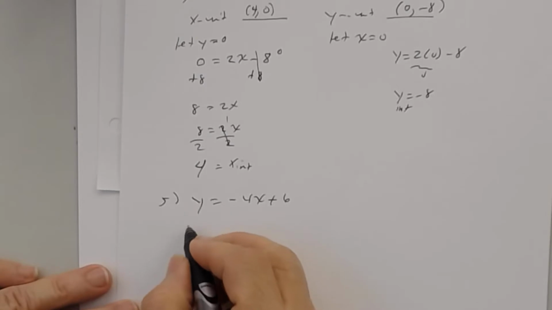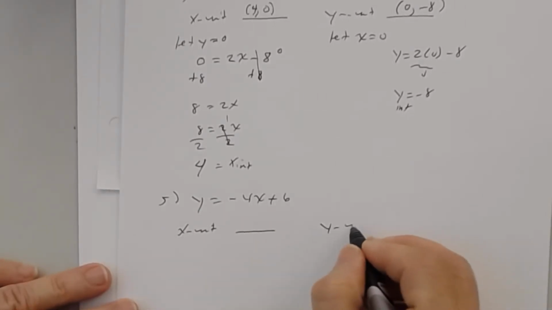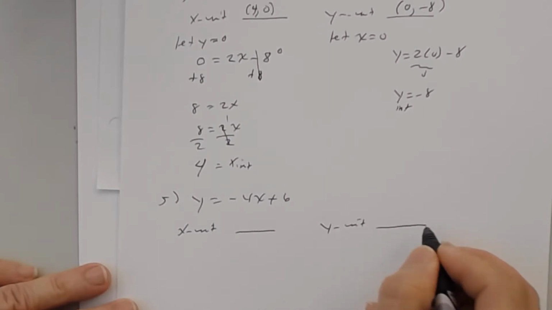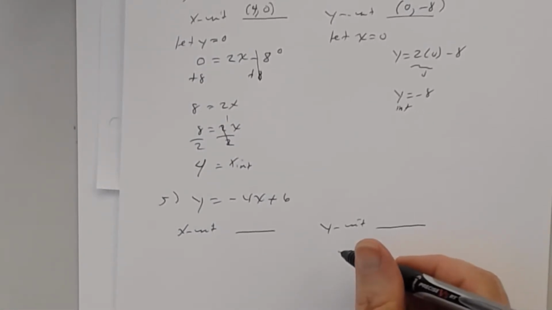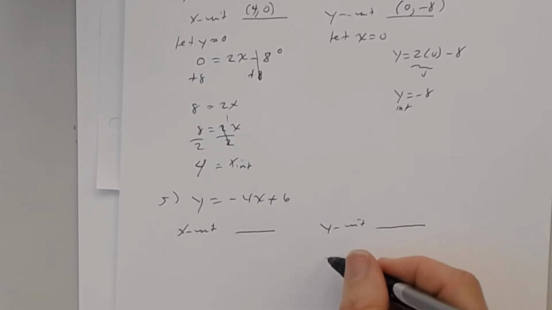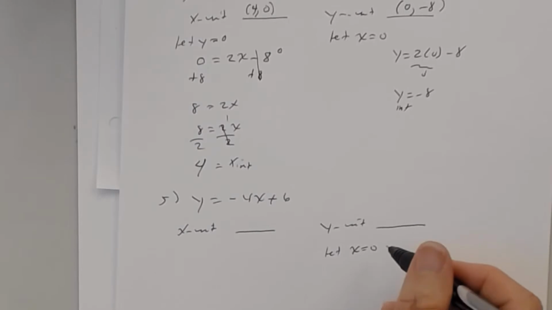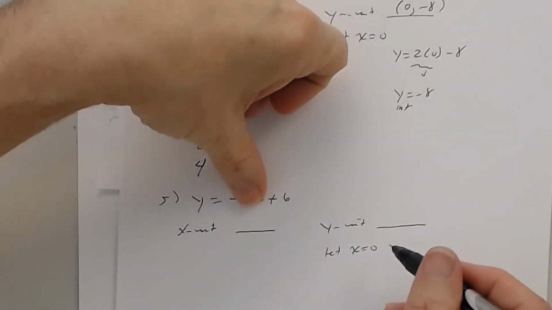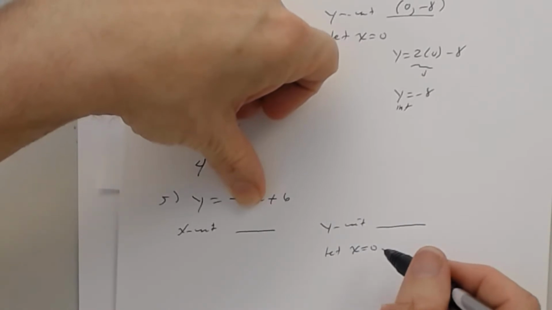Again, you want to find the x-intercept and the y-intercept. I'm going to find the y-intercept first. It's easier to do for this one. To find the y-intercept, you let x equal 0. If I cover up the term that has x in it, what's left? y equals 6. So your y-intercept would be 6.